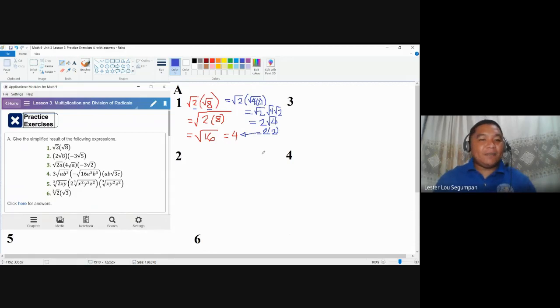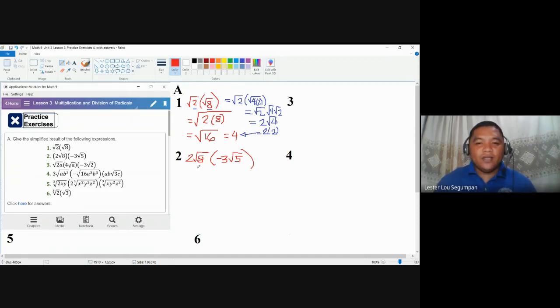Okay, let's have number 2. In number 2, you now have numerical coefficients outside the radical expressions. You have 2 square root of 8 to be multiplied by negative 3 square root of 5. To multiply radical expressions with numerical coefficients outside them, we multiply the numerical coefficients to the numerical coefficients and the radical expression to the radical expression.